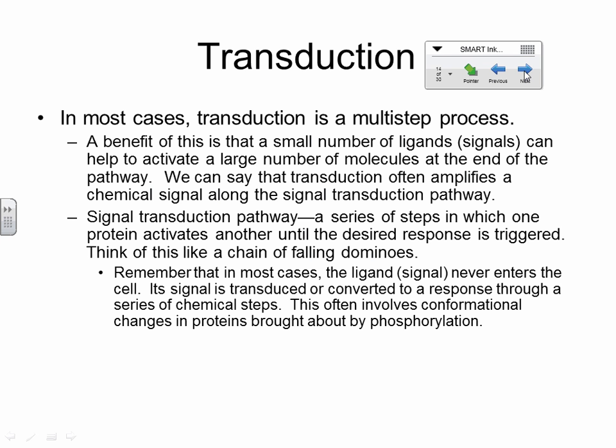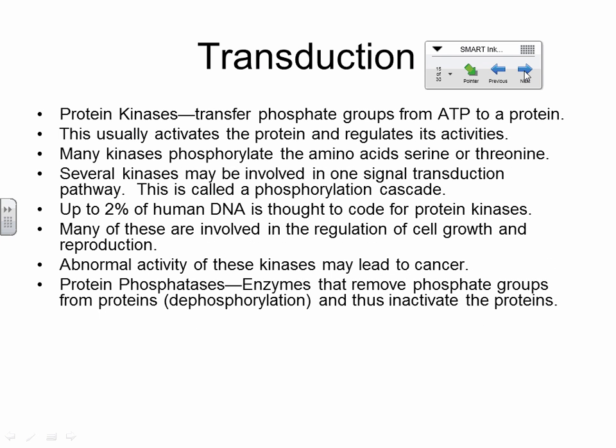A benefit of it is that a small number of ligands, a small number of cell signals, can activate a large number of molecules at the end of the pathway. That's the amplification stuff. But that whole system of steps is called the signal transduction pathway. And it's sort of like a chain of dominoes. One protein turns on another, which turns on another, which turns on another, which turns on another. And it looks something like this.